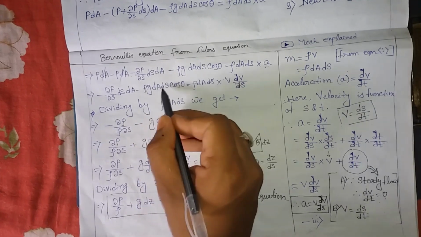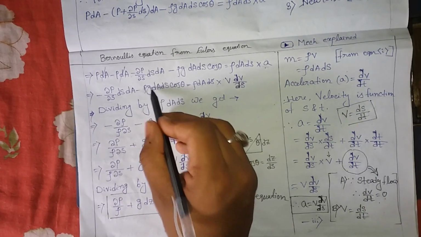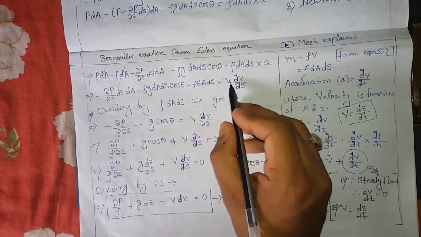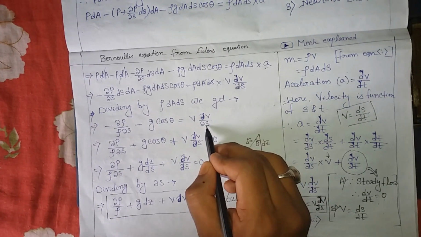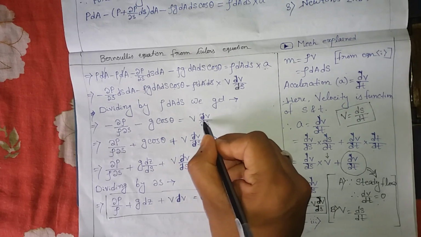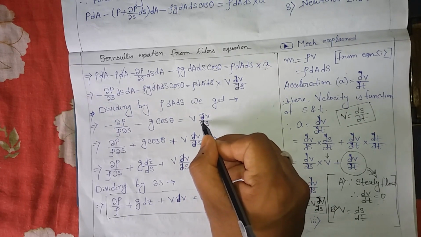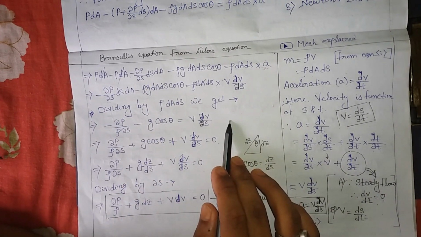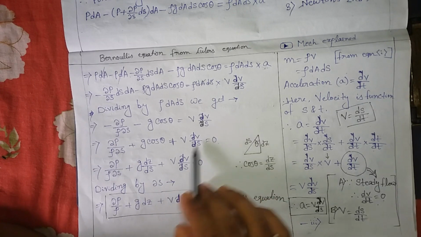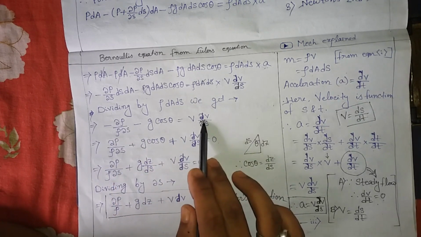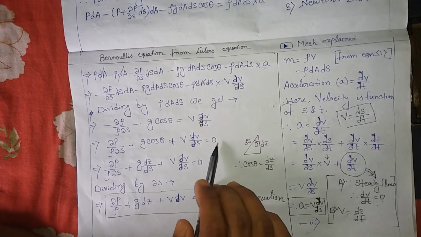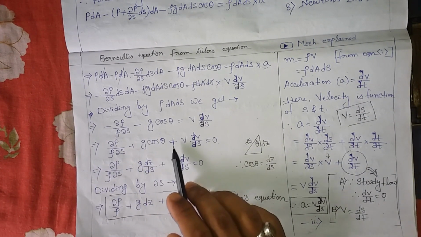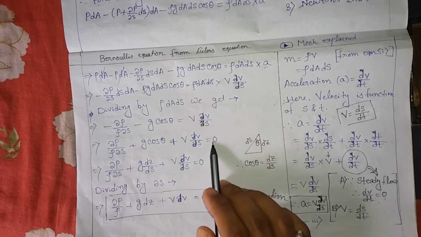Rho dA ds cancels out, that means g cos theta. Here rho dA cancels out, that means v dv by ds. Taking all these components to the right side, all the values will be positive and equal to 0. So del p by rho ds plus g cos theta plus v dv by ds equals 0.